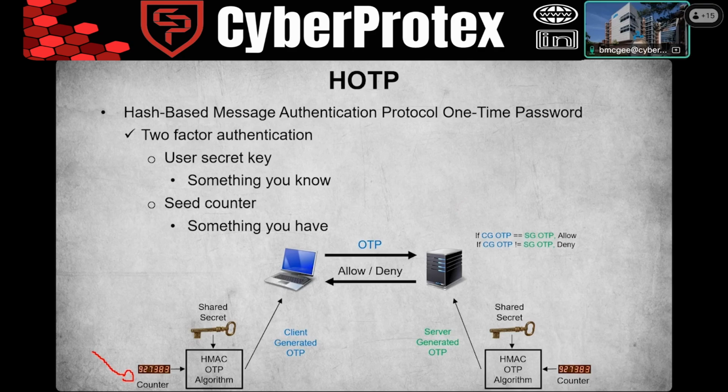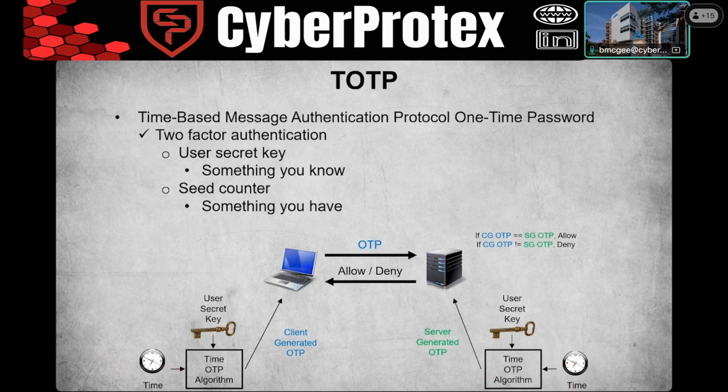That's exactly right. It generates a one-time password, and then it gives you some sort of 60 seconds, or however long, to put it in. And is it what the server is expecting? This is called the HOTP.